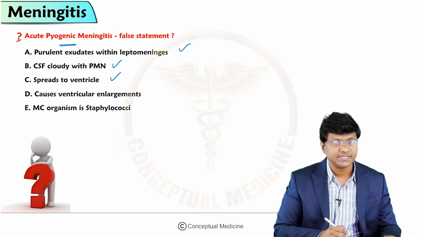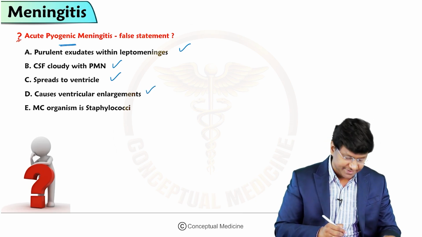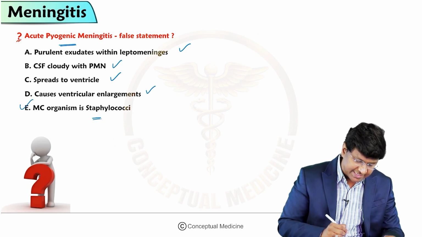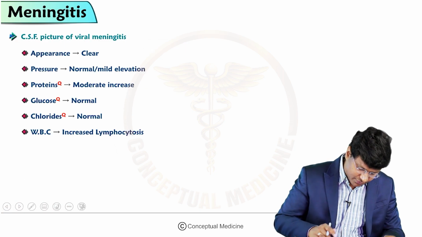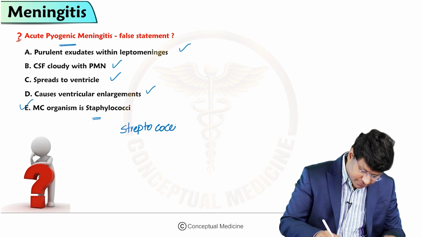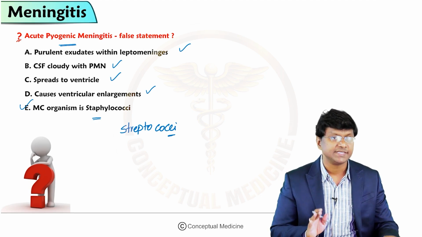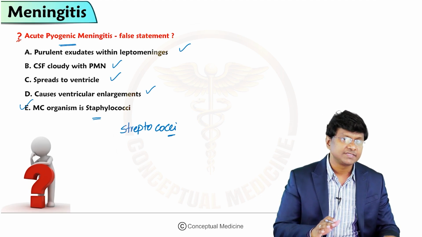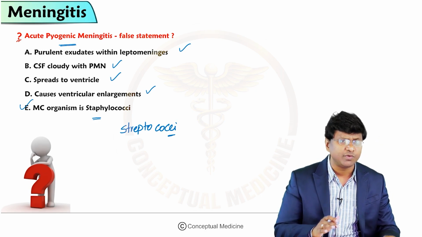Spreads to the ventricles is also a correct statement. Causes ventricular enlargement is also a correct statement. But most common organism being staphylococci is a wrong statement. The most common organism in pyogenic meningitis will be streptococci. Right? So, the answer is E. Now after having discussed the false statement of acute pyogenic meningitis, you see one more question.